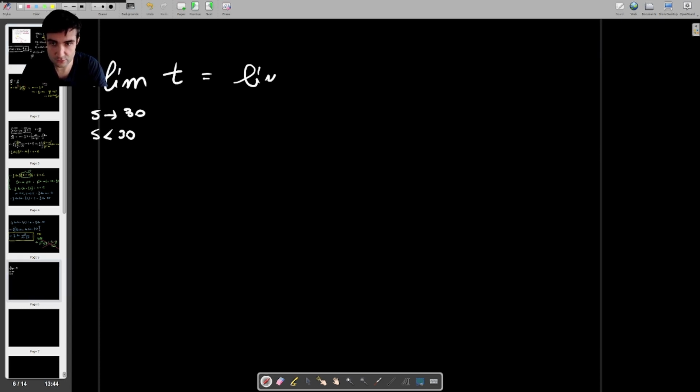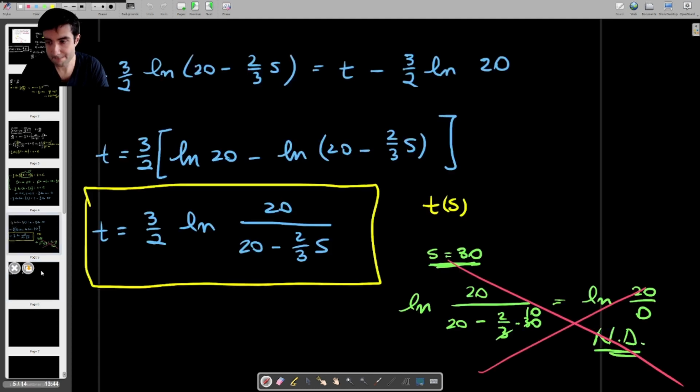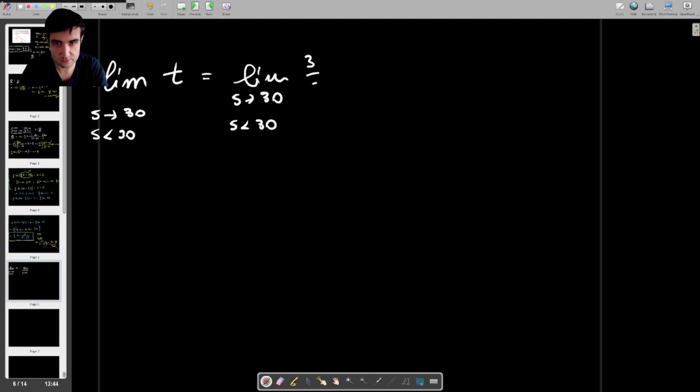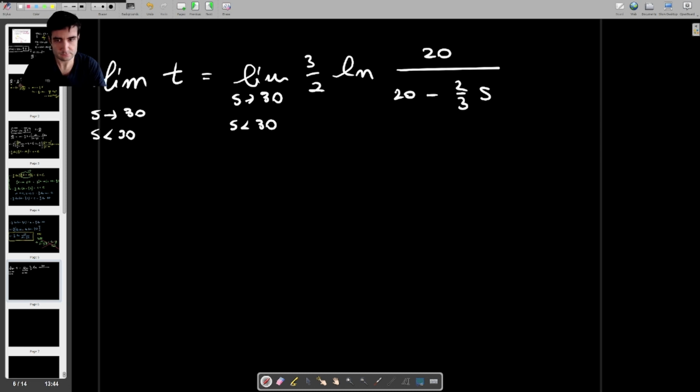This limit is equal to the limit for s approaching 30 from the left-hand side, so s less than 30, of 3 over 2 ln of 20 over 20 minus 2/3 of s.